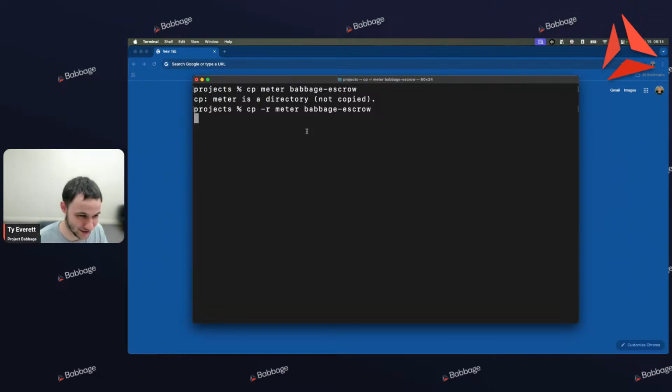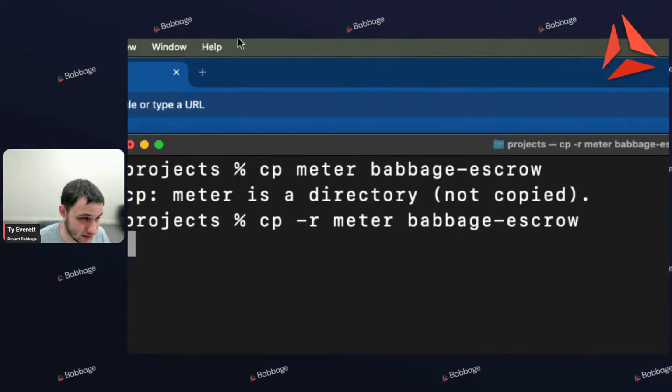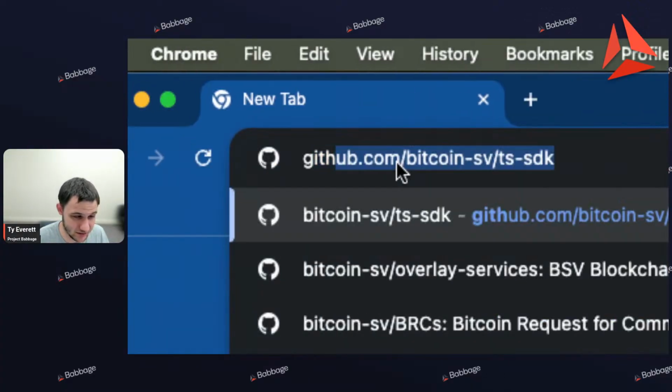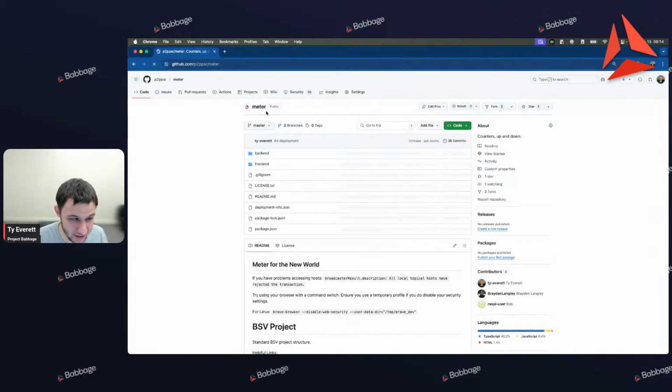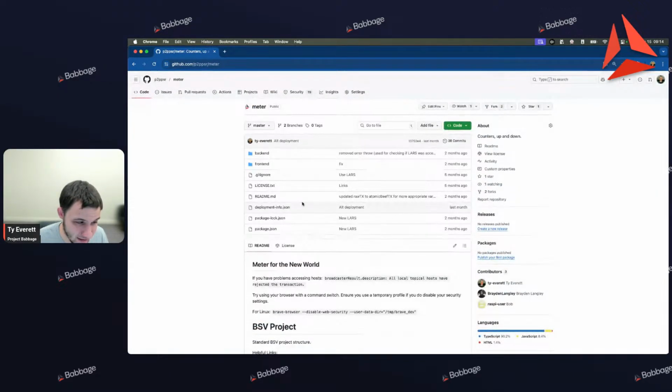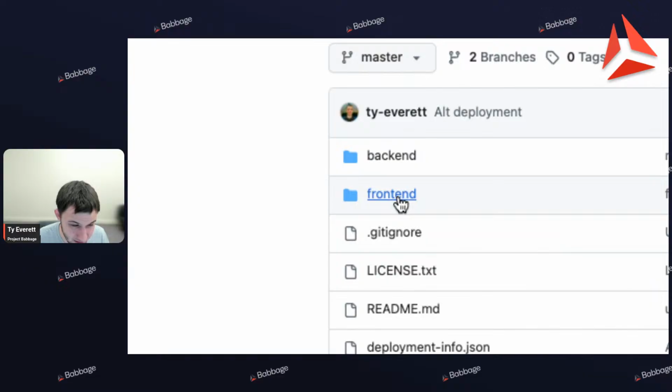Just copying a directory here, I could have forked the repo. It would have taken less time. Making a new project based on the meter project. So if you want to see my starting point, maybe even follow along, we got meter here. I'm going to use the back end only. I'm not going to use the front end. As you'll see, I'll disable it.